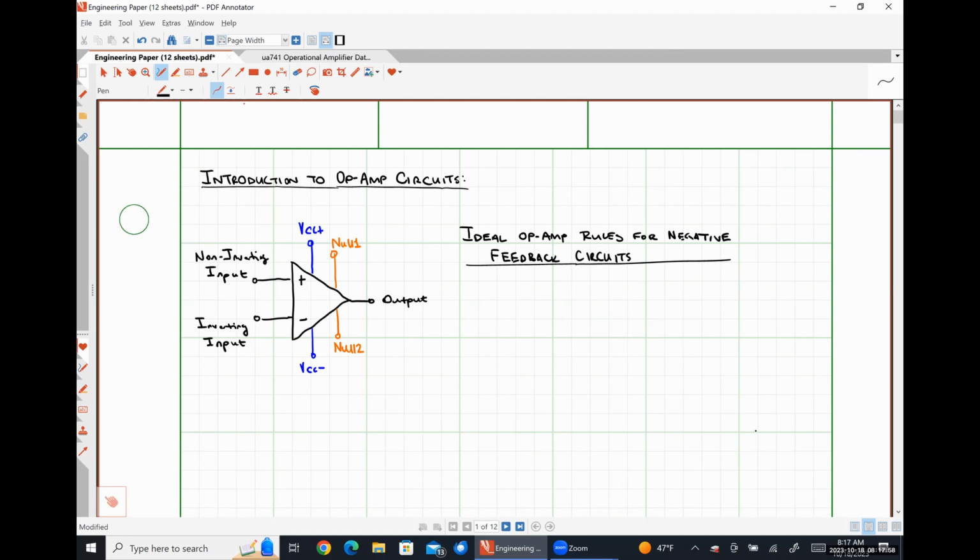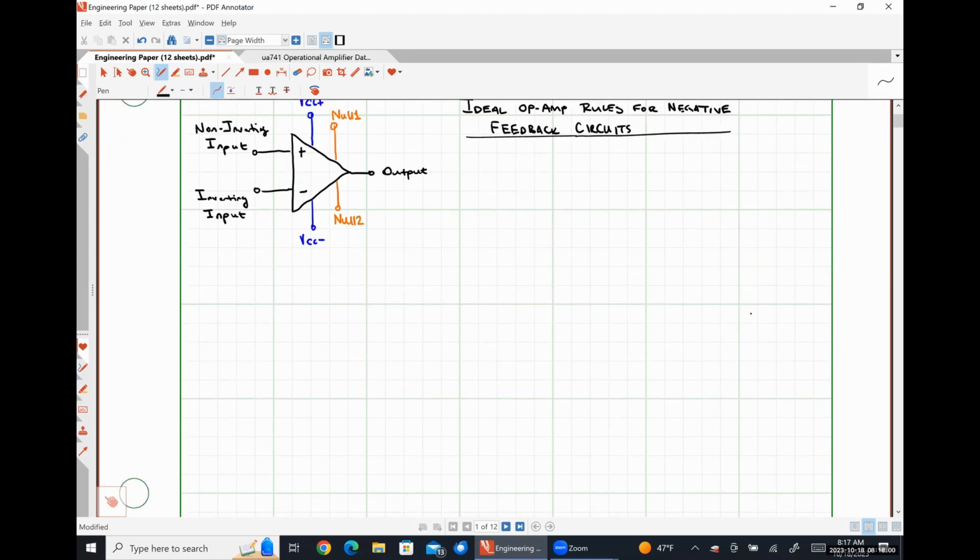Okay, so let me come down here on the bottom. If I have just an op amp like this, where I have some voltage, let's call it V plus applied here, some voltage V minus applied here, and some voltage V out measured here, this would be considered an open loop system because there is no feedback loop applied to the circuit.